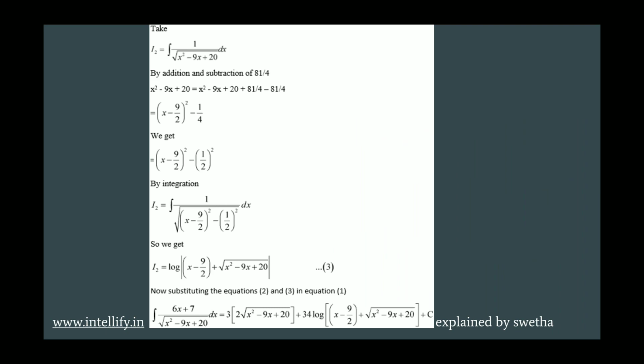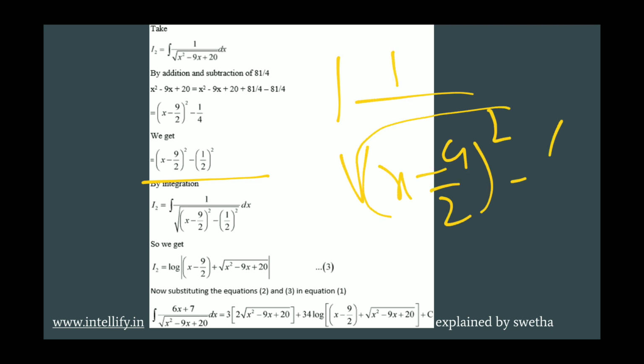Putting this in the equation, it becomes the integral of 1 by root over (x minus 9 by 2) whole square minus (1 by 2) whole square into dx. Therefore, this can use the direct formula: integral dx divided by root over x square minus a square equals log of mod x plus root over x square minus a square.